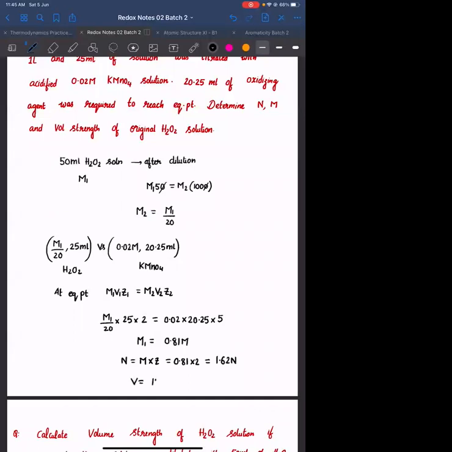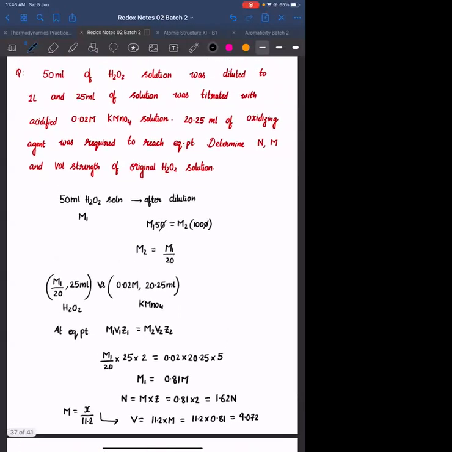Volume strength is equals to 11.2 into molarity, which is equal to 11.2 into 0.81, which is 9.072. What is the formula for molarity? Molarity is equals to volume strength divided by 11.2. So from that I have written volume strength is equals to 11.2 into molarity. Okay.